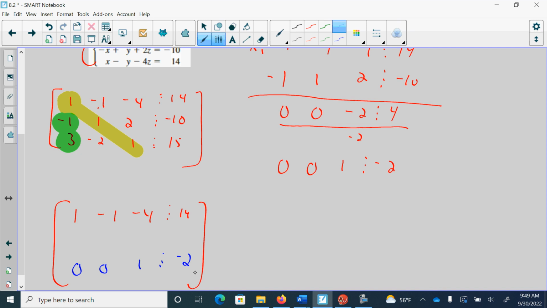I've already used row 1 and row 2 to make that happen. I have to somehow use row 3, and you're probably going to add it to a version of row 1.